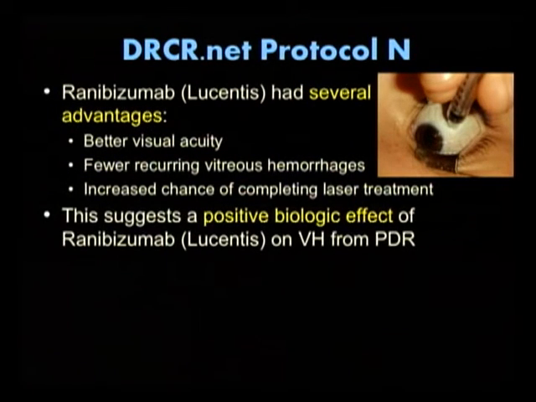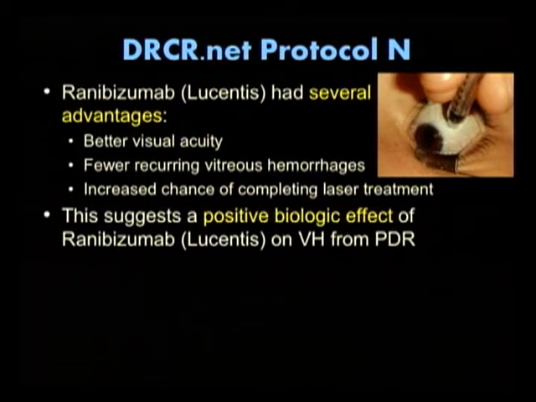There were several findings, and the most important ones that us clinicians use in current practice is that ranibizumab, or Lucentis, compared to intravitreal saline, gave the patients an overall better visual acuity. It led to fewer recurring vitreous bleeds, and also it increased the chance of completing laser treatment.